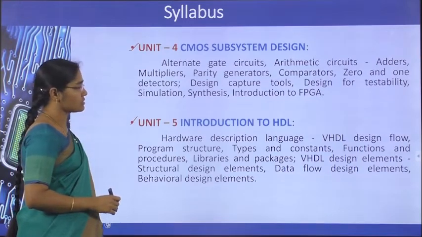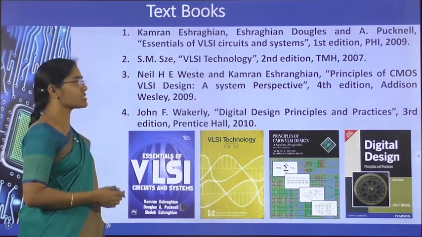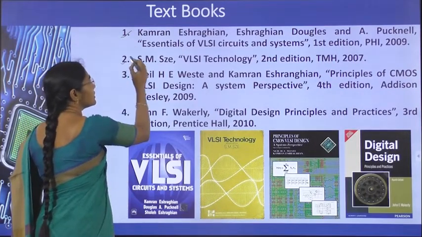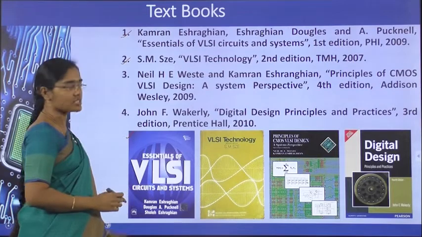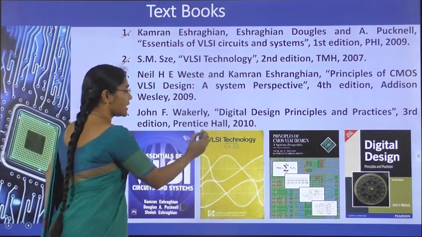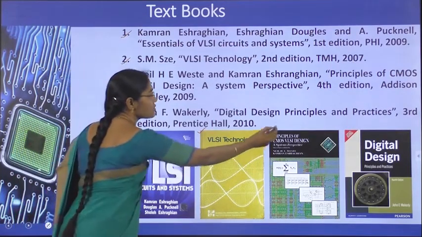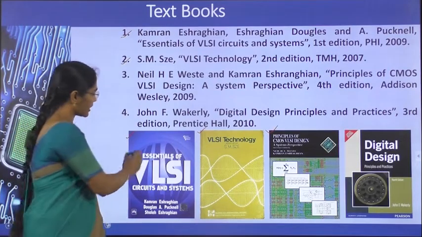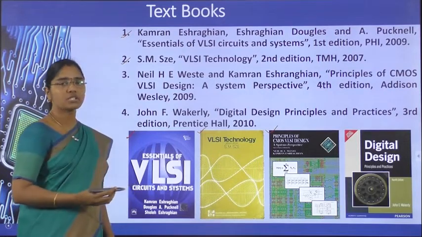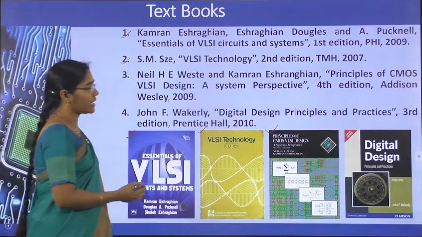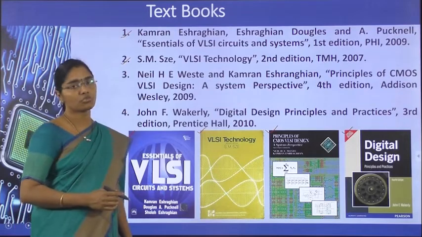To follow this subject, for these syllabus contents, the textbooks required are: first one is Bucknell, Essentials of VLSI Circuits and Systems, and this second textbook, VLSI Technology by Sze, covers the second unit of our syllabus, and Principles of CMOS VLSI Design by Neil Weste, and this Bucknell textbook will give the syllabus of our first unit, third unit and fifth unit, and the last one, VHDL, is taken from the Digital Design book by Wakerly.